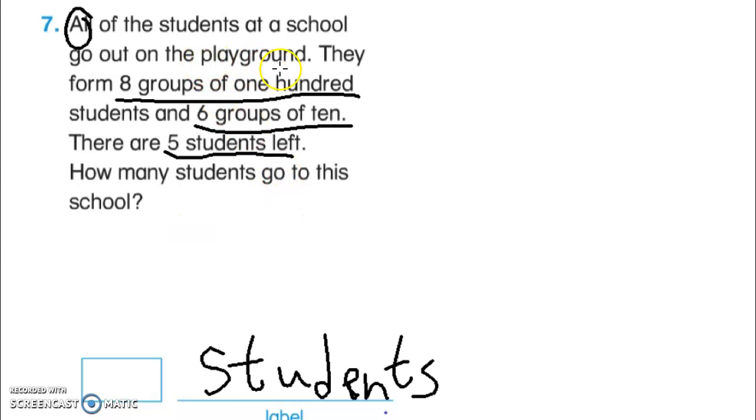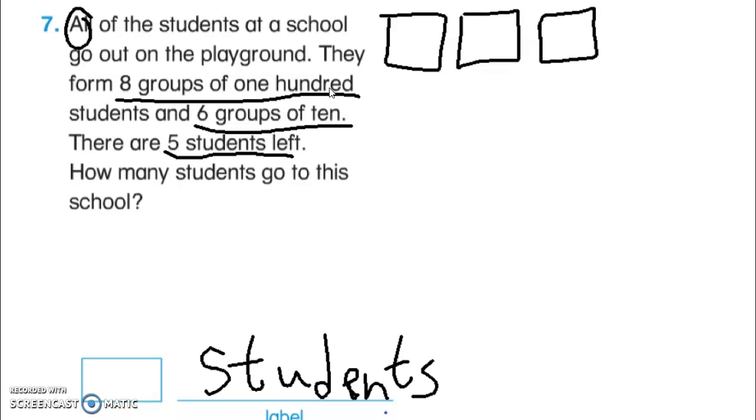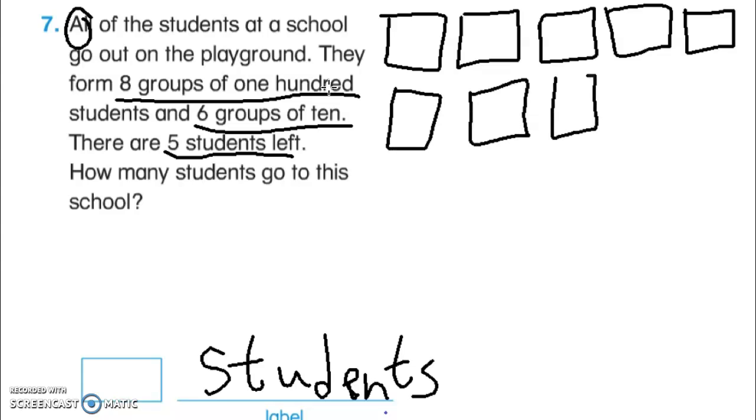Then I need to add these, but I'm not going to add 8 plus 6 plus 5 because I have 8 groups of 100. So I'm going to draw out hundreds. 100, 2, 3, 4, 5, 6, 7, 8. I have 800 students that are in these groups.